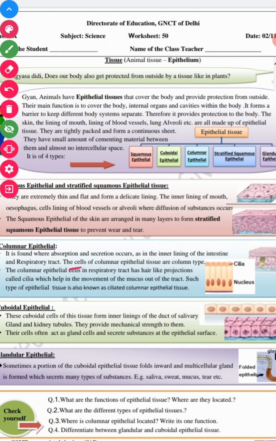The columnar epithelium cells in the respiratory tract have hair. Sorry, not finger-like projections, they have hair-like projections, right?